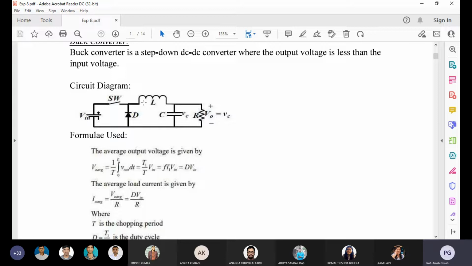The answer is that it always works in high frequency operation. Suppose the switching frequency is more than 20 kilohertz. Why more than 20 kilohertz? Up to 20 kilohertz there is noise, as 20 kilohertz is the audible range, that's why we face the noise.